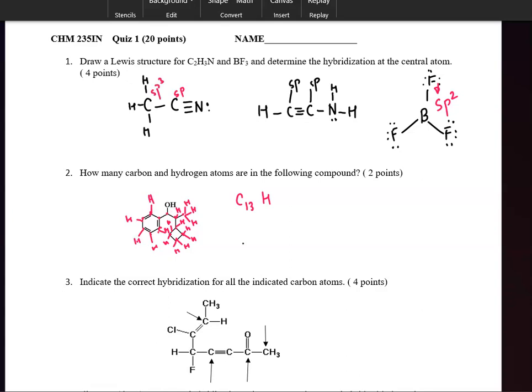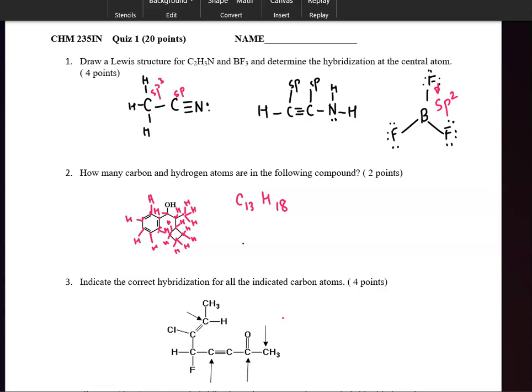So we have 1, 2, 3, 4, 5. Then we have 1 here. Yeah, there it is. Okay, 6. Then 7, 8, 9, 10, 11, 12, 13, 14, 15, 16, 17. And don't forget the hydrogen on the oxygen atom. So we have 18 hydrogens. Okay, so these are the number of carbons and hydrogens.